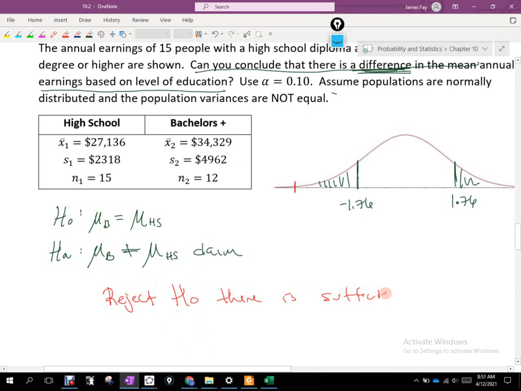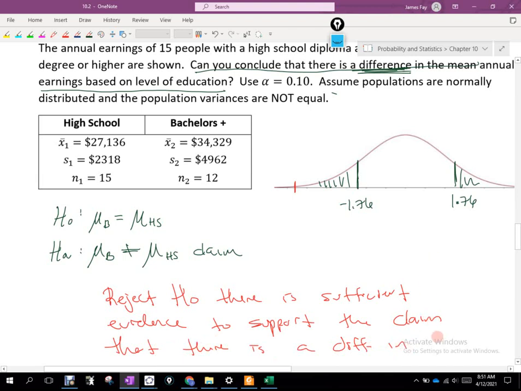There is sufficient evidence to support the claim that there is a difference in earnings.